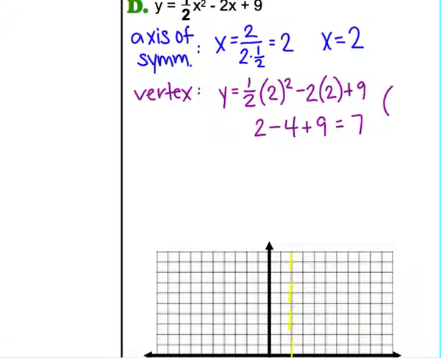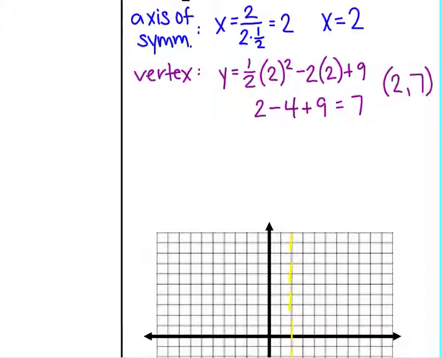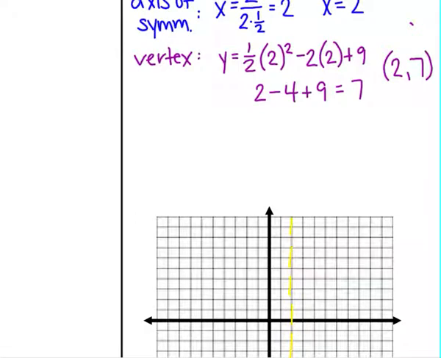So my vertex is going to be 2, 7. So we can go ahead and plot that point. So 2, 1, 2, 3, 4, 5, 6, 7.